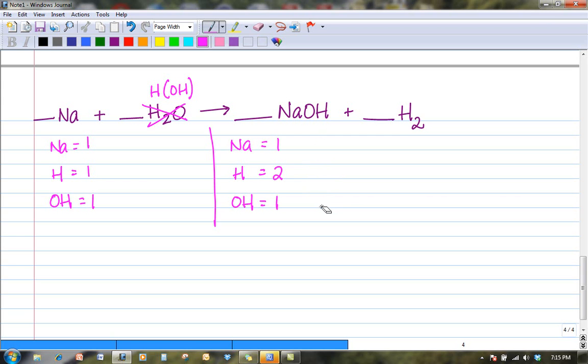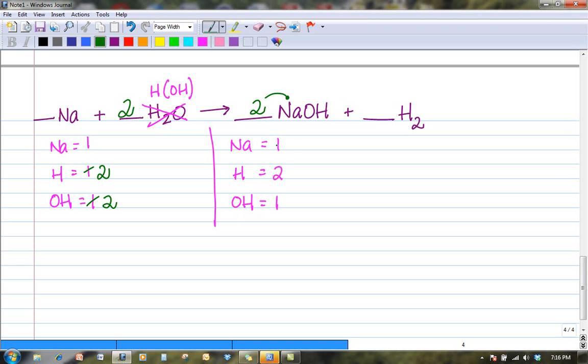Okay, so in order to get just 2 hydrogens, because that's the only one that is unbalanced at this point, I am going to draw a 2 for the coefficient here. And that means I now have 2 hydrogens and I have 2 hydroxides. But now on the other side, I also need 2 hydroxides. I'm going to put a 2 here as my coefficient.